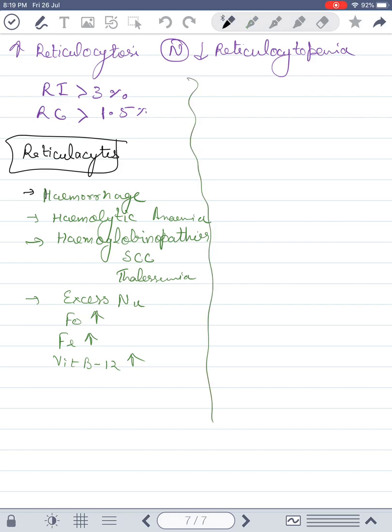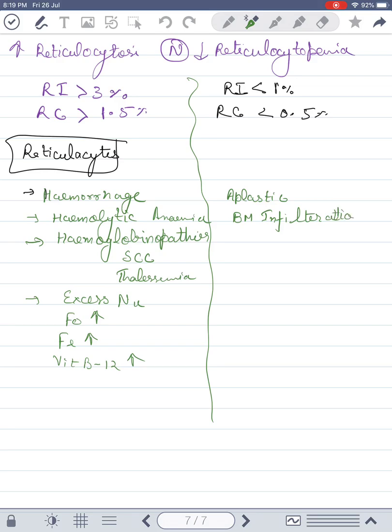Now reticulocytopenia, that is the deficiency of reticulocytes. So the reticulocyte index will be less than 1% and the reticulocyte count will be less than 0.5%. When will it be formed? When there is aplastic anemia, bone marrow infiltration. Any insult to the bone marrow will lead to a decreased formation of reticulocytes and all other stages of the cells.